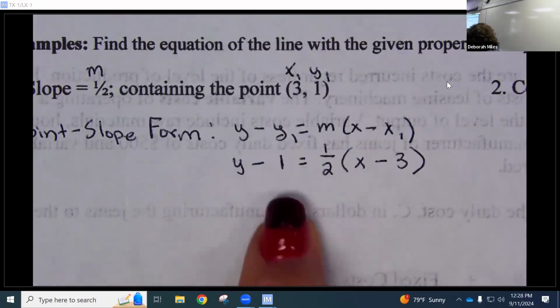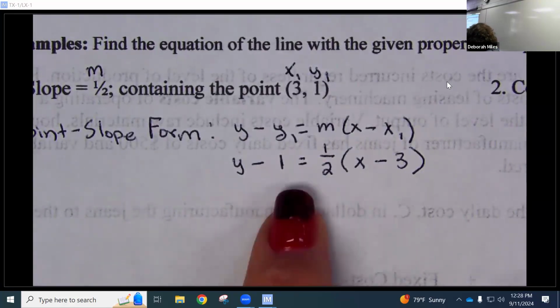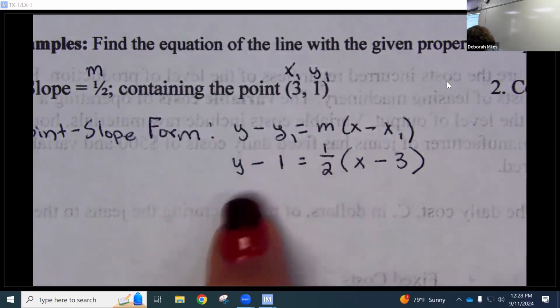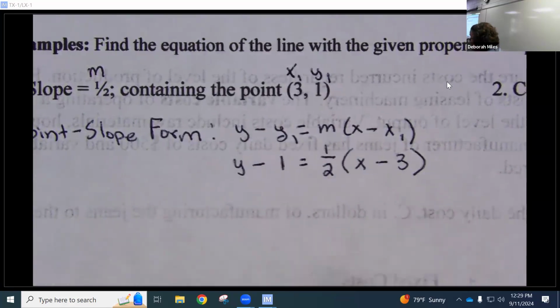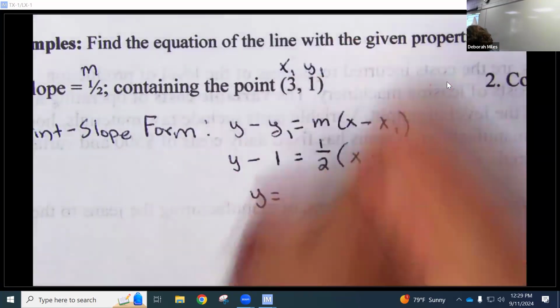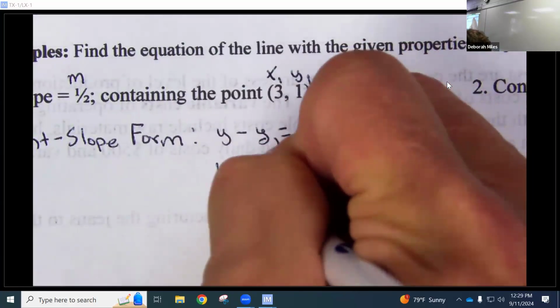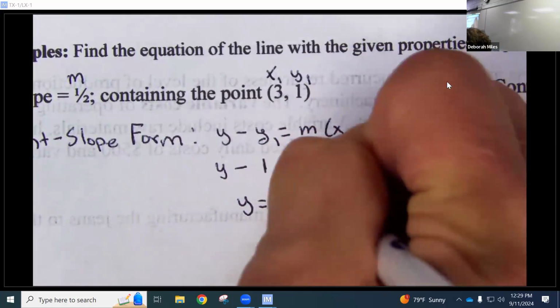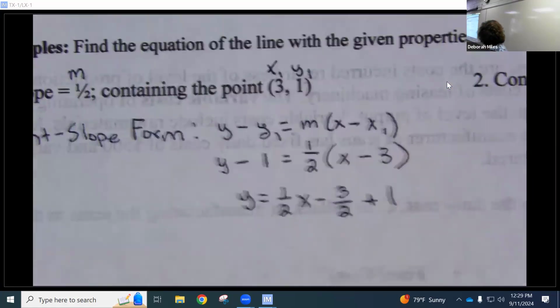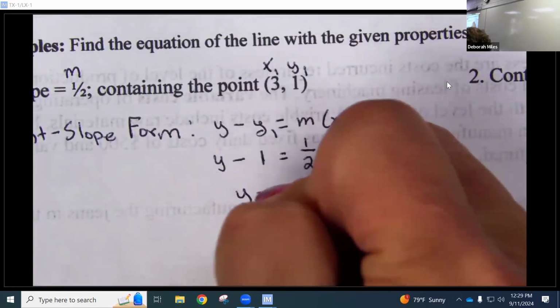So on number one, what's the two things I would have to do to get the Y by itself? Distribute the 1/2 and add 1 to both sides. If you could do both of those things at once, yay, it would save you one line. I'm going to distribute the 1/2 and add 1 to both sides. And then if you can clean it up, you should.